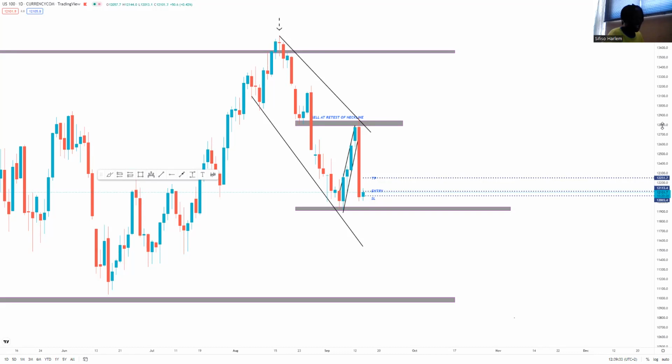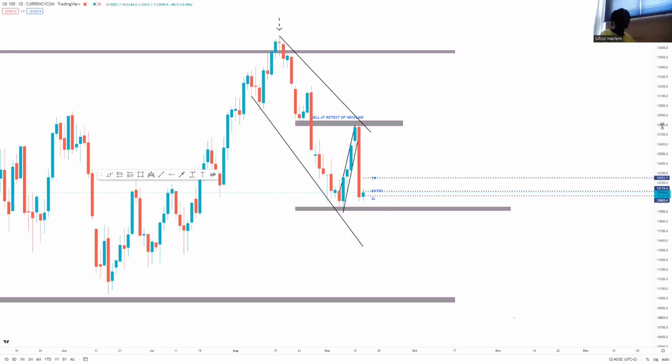So I want to break down why we had an impulsive move to the downside yesterday concerning most pairs, including currency pairs, crypto, indices mostly, and tech stocks in some way.